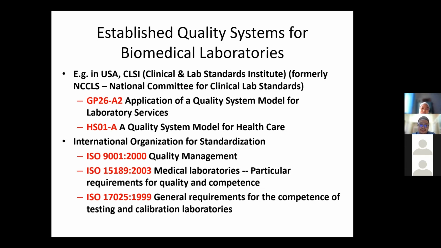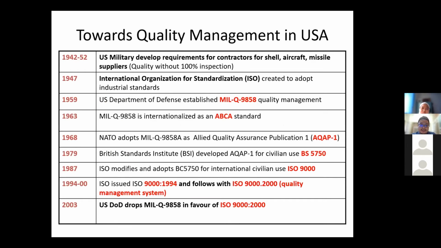Okay, ni kat US, the move towards quality management, the serious move actually started with the US military when they wanted to develop requirements for contractors for their arms, yeah, their senjata. So they want their arms to be accurate.